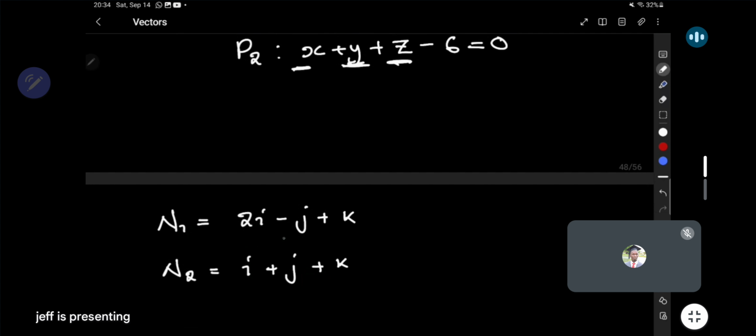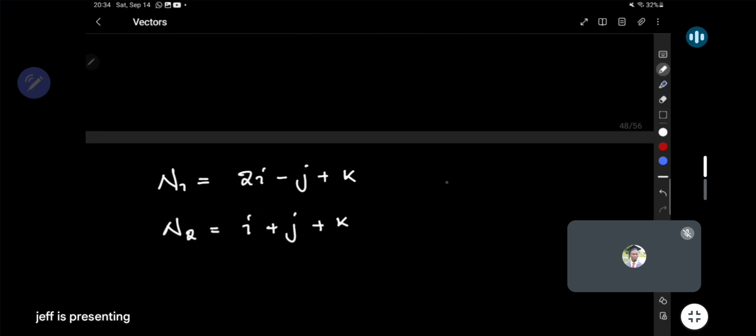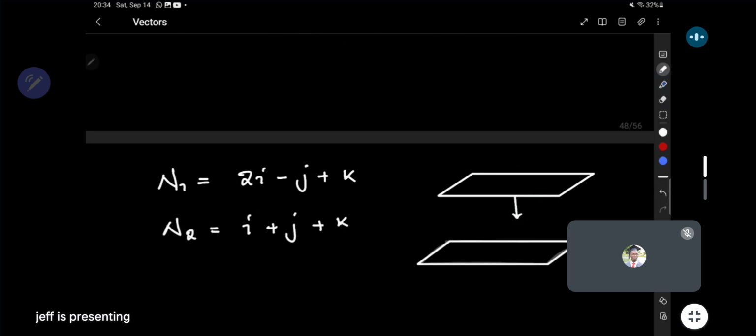So when we compare these two normals, are the two planes parallel? Well, if the two planes are parallel, what do we expect? If this plane is parallel to another plane, their normals will actually tell us all that, because if they are parallel, then it should imply that their normals must be related. So if the two planes are parallel to each other, it should follow that even their normals must be parallel to each other.